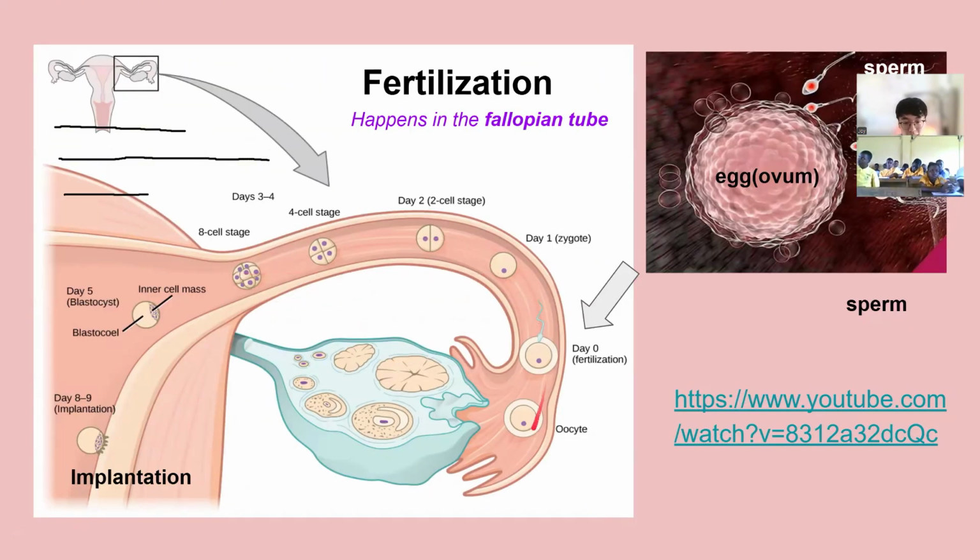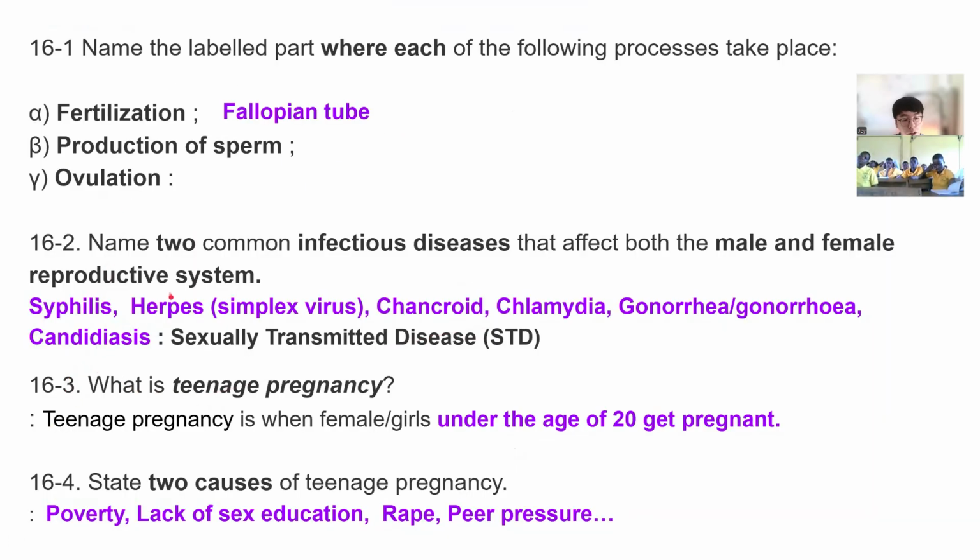This tube is called the fallopian tube, and this is where the sperm goes in. The sperm goes in and then meets the egg over here. That's the fertilization. It happens in the fallopian tube.